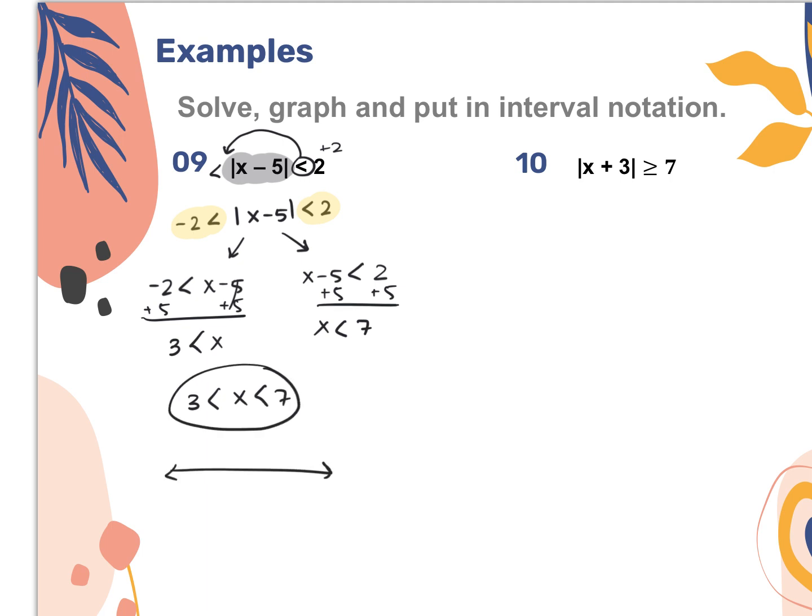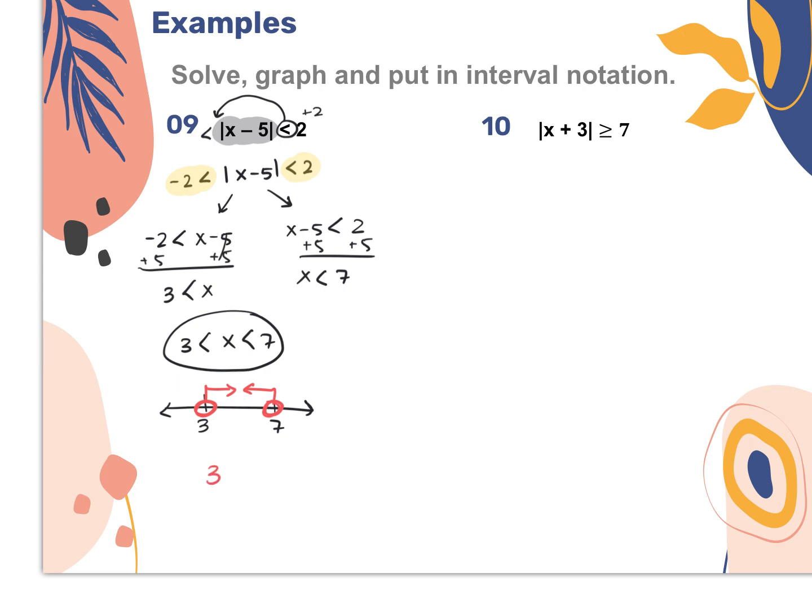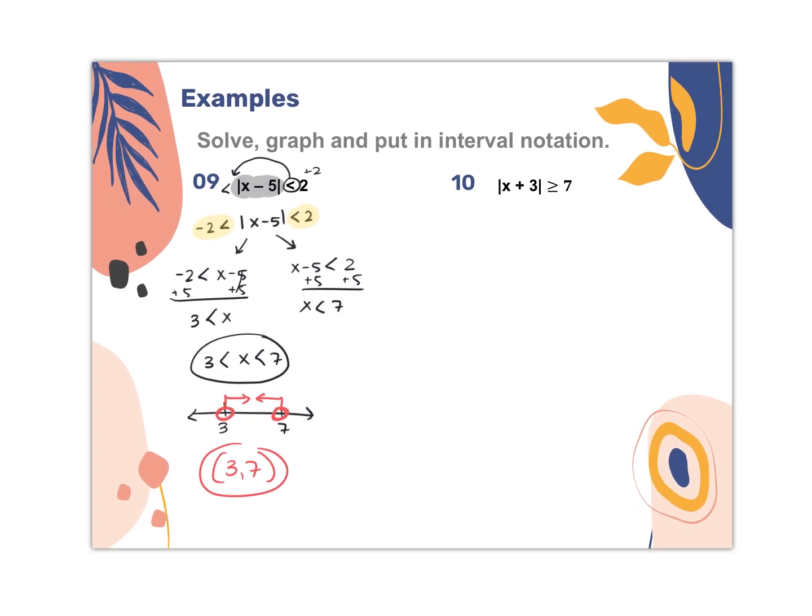When I go to my graph here, here's 3, here's 7, and it's going to be greater than 3, less than 7. So greater than 3 is this way, less than 7 is that way. And in interval notation, it's all the values between 3 and 7, but these are going to be parentheses. And so these are the solutions, again, solving, graphing, and interval notation.